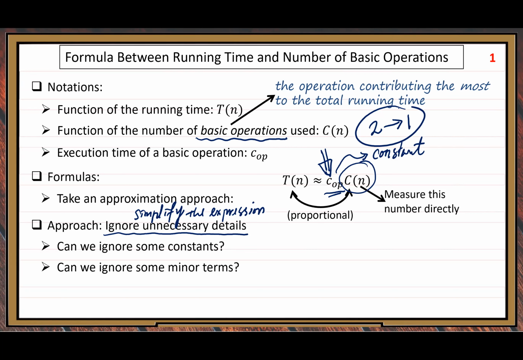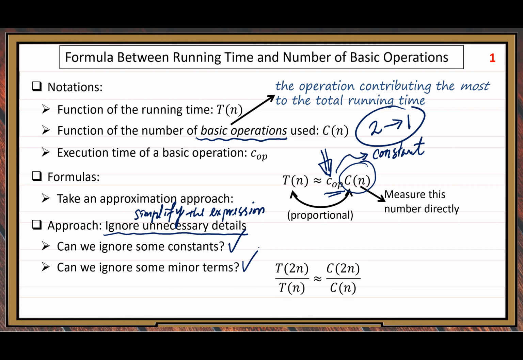So here we get to that question again. But first, two things we need to consider: ignoring constants and ignoring minor terms. Let's look at them one by one. First, the constant.